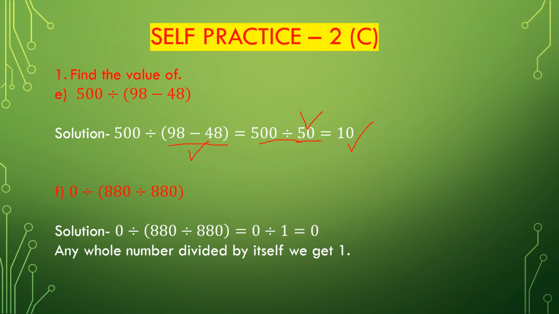Then sixth bit F. 0 divided by 880 divided by 880. First we divide this inside the bracket, that is 880 divided by 880. 880 divided by 880 equal to 1.